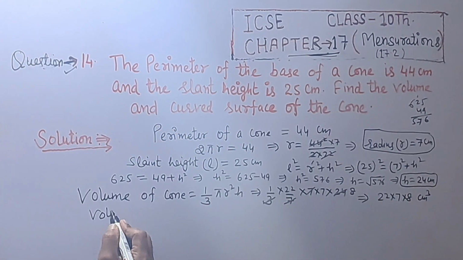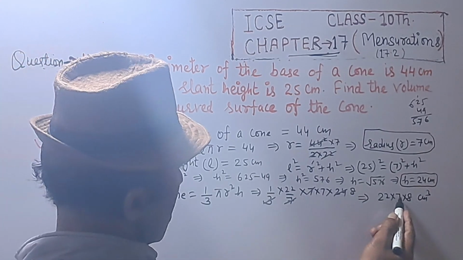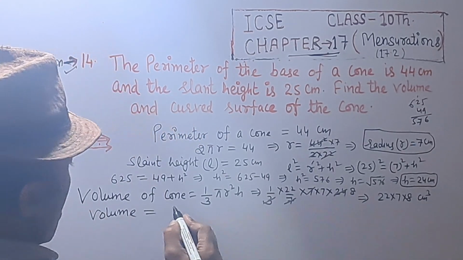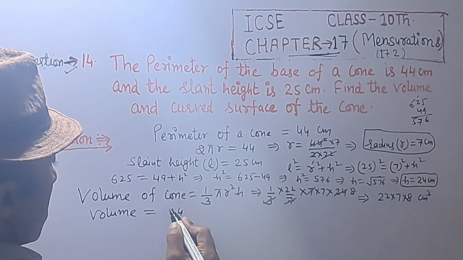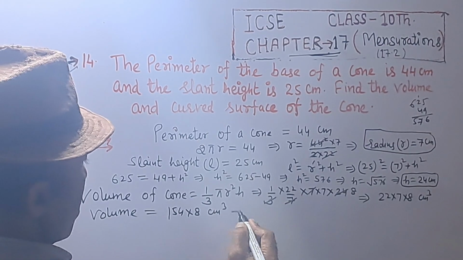So volume equal to 22 7s are 154, into 8 centimeter cube.